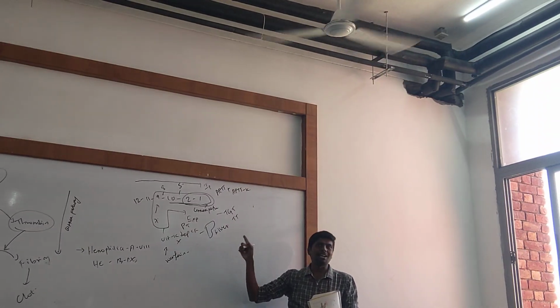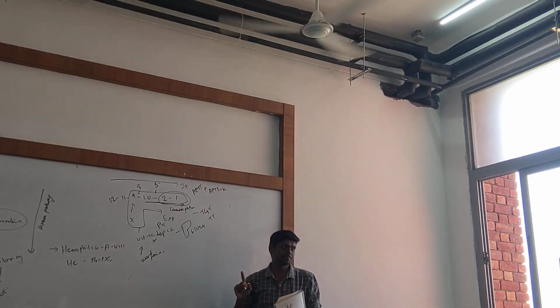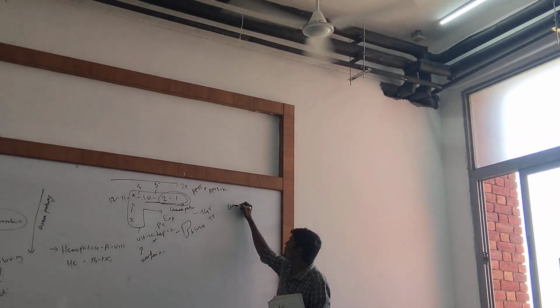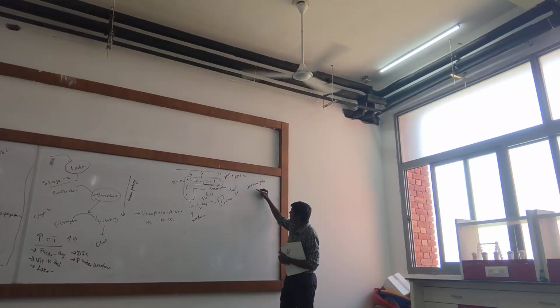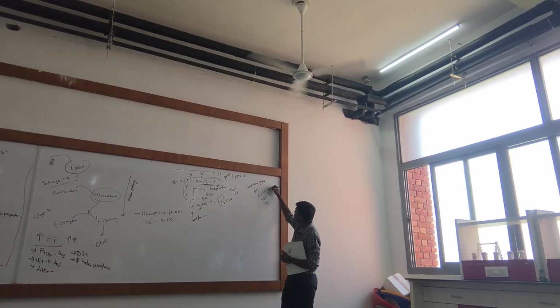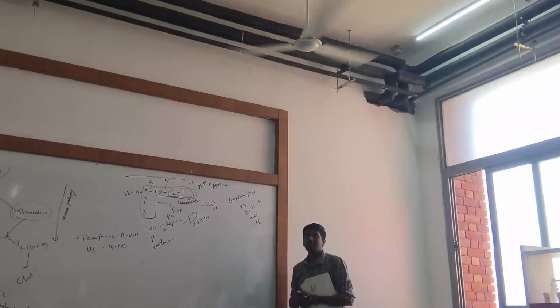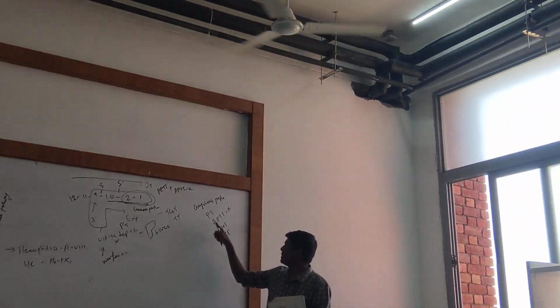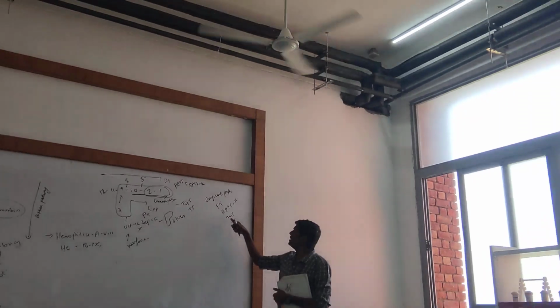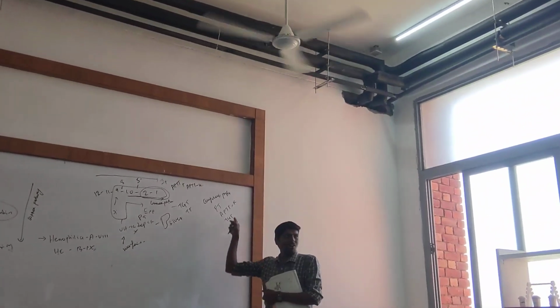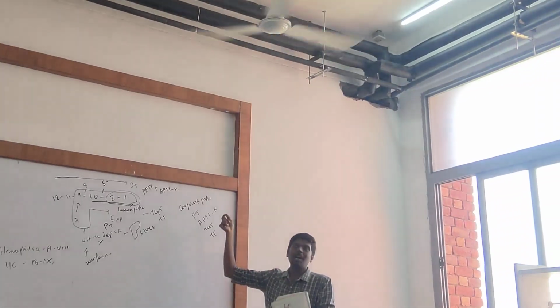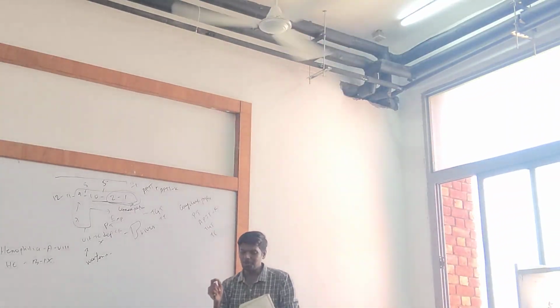So these tests are called the coagulation profile. Coagulation profile tests include PT, APTT, thrombin generation test, thrombin time, and APTT with kaolin. That is prothrombin time, activated partial thromboplastin time, and so on. Kaolin is, I don't know the word, I forgot.